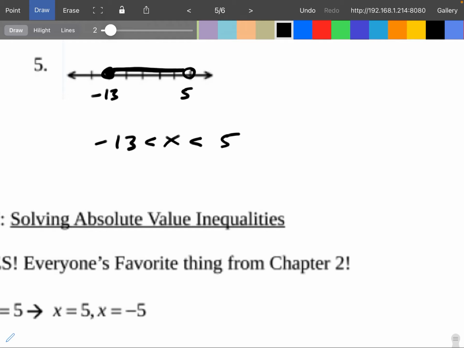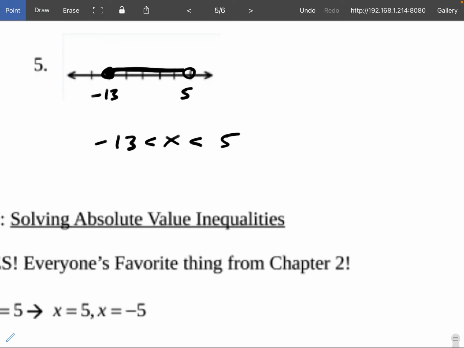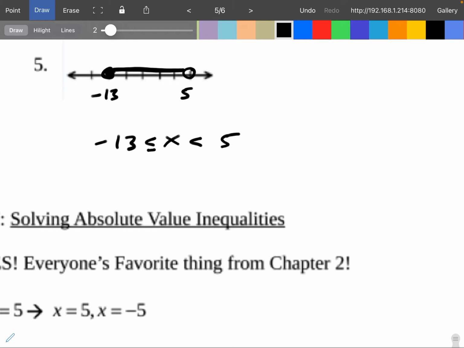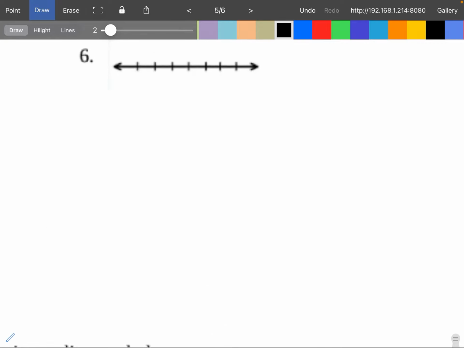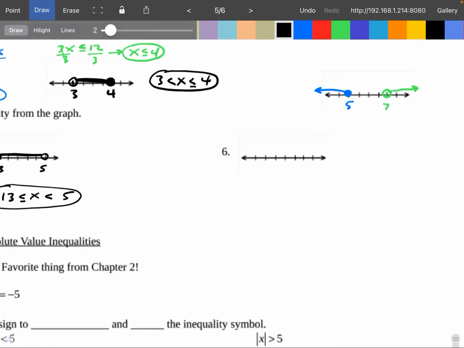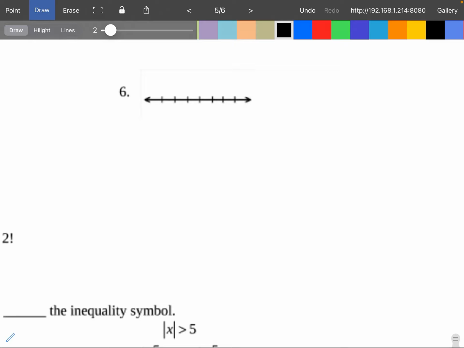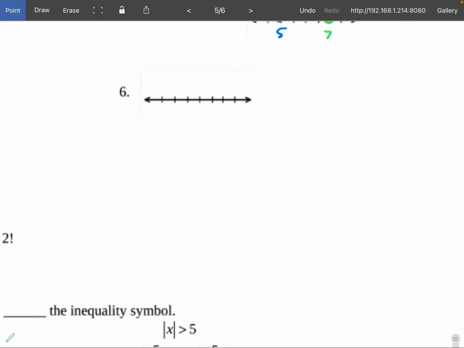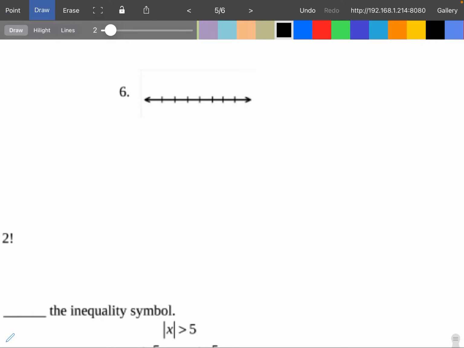You put negative 13 on the left, because that's the number on the left. You put 5 on the right, because that's the number on the right. It's all the x's in between, so you put x in between. And then you make a less than and a less than. But then you just got to note that you have a solid dot at negative 13, so you got to put the equal to bar on that one. That's it. So that's all you had to write.